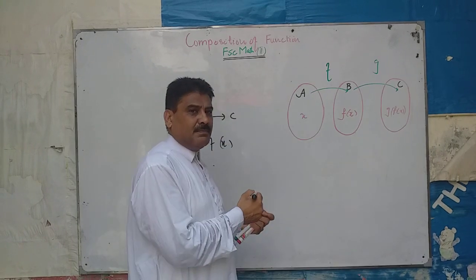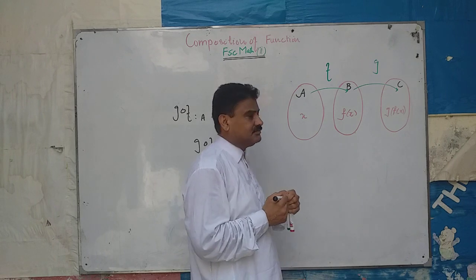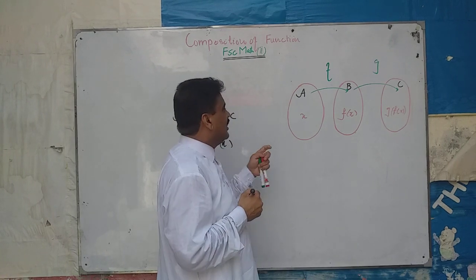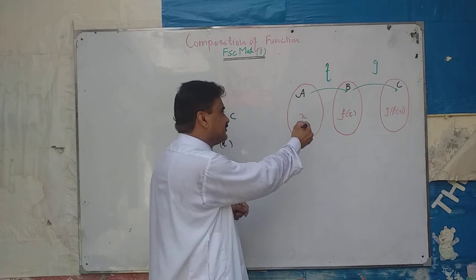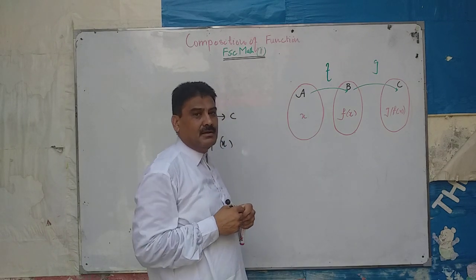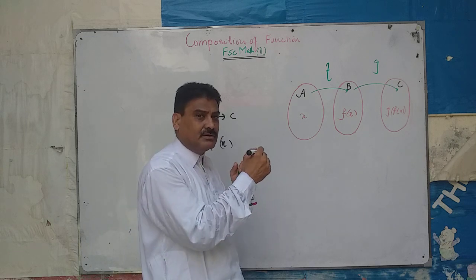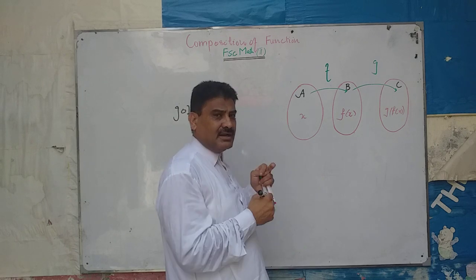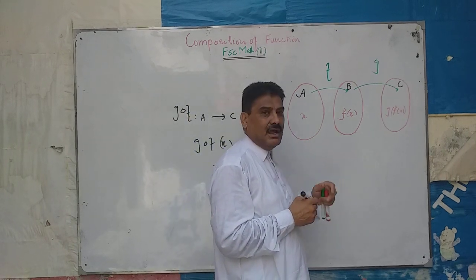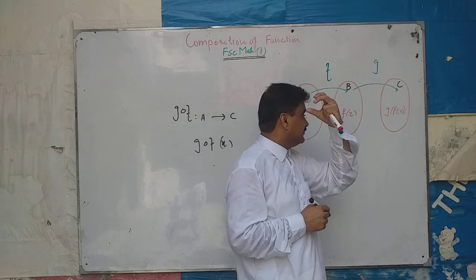It is like considering a series of machines in a factory. Once the raw material x is put into the first machine, the machine processes it in some way and it is transferred to the next machine, which further affects it and turns it into the final product g of f of x.